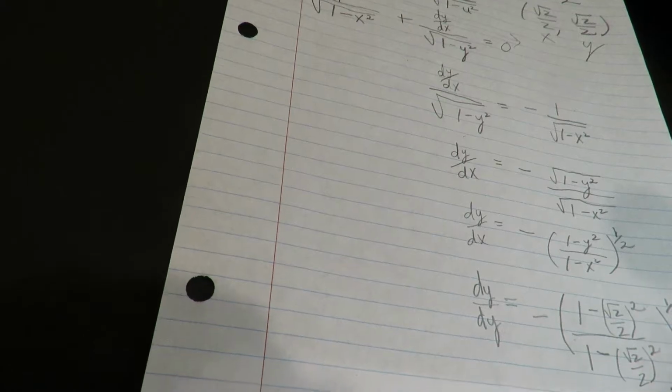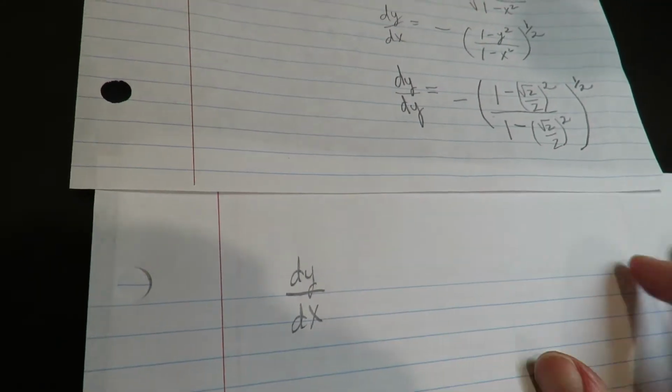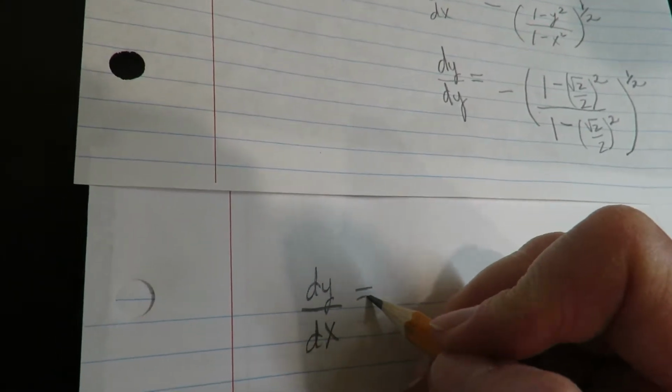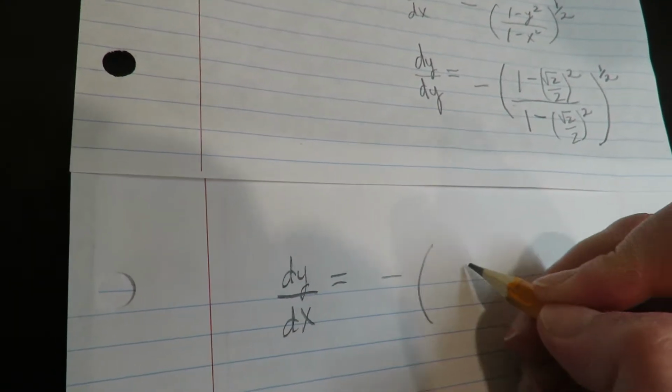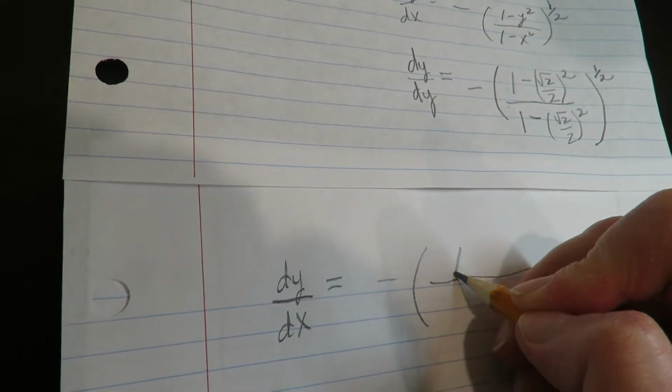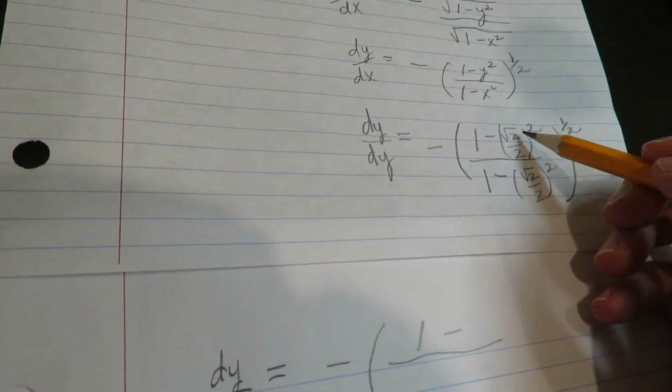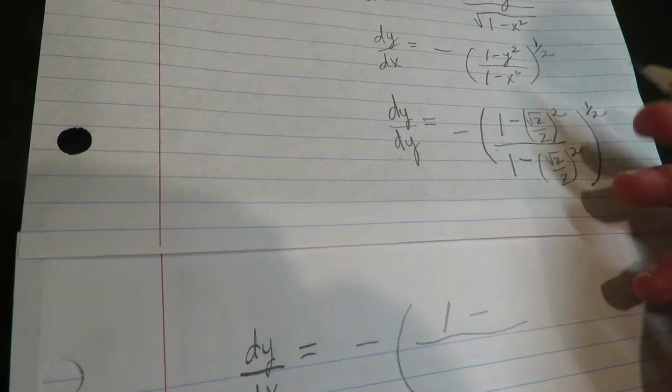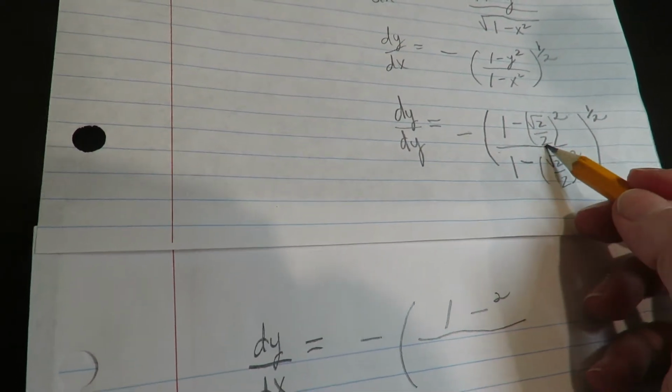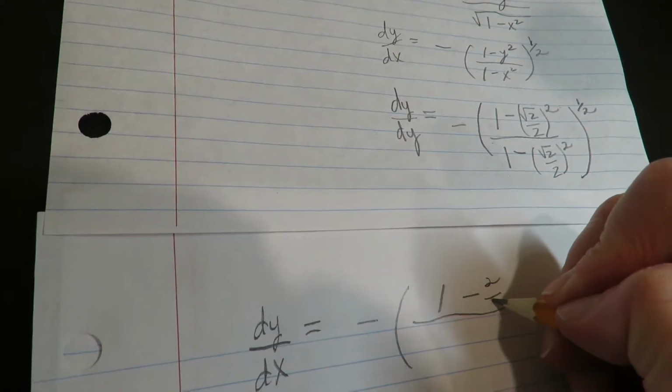Alright, so if you square this, it becomes a 2. If you square the bottom, it becomes a 4.